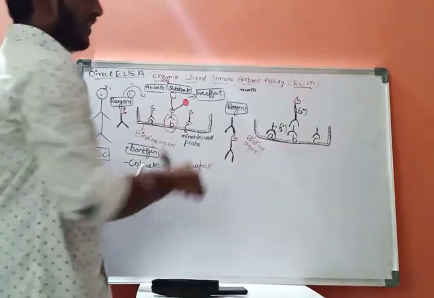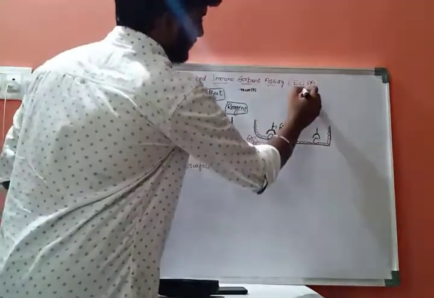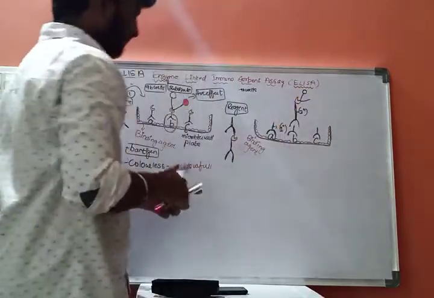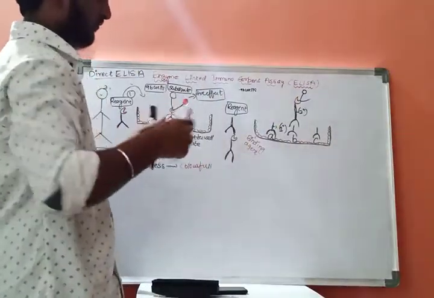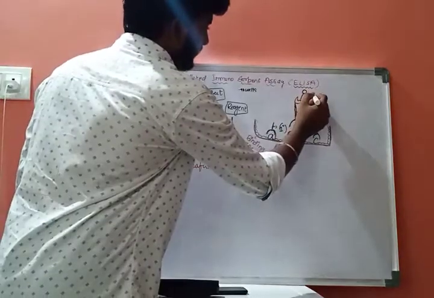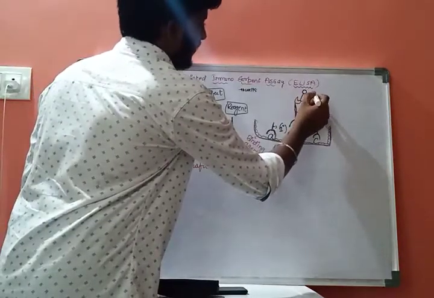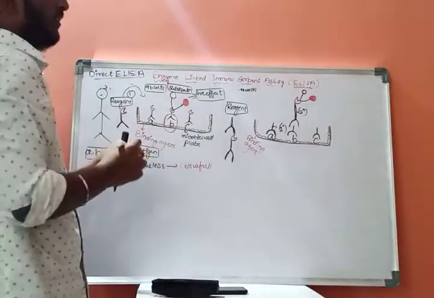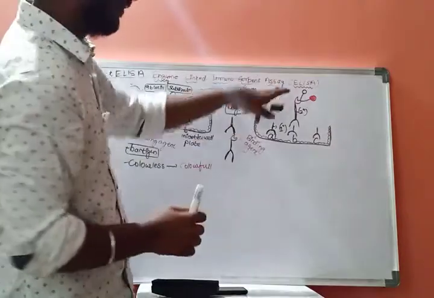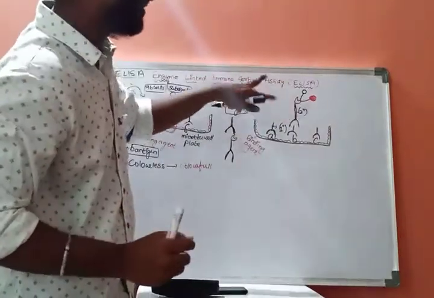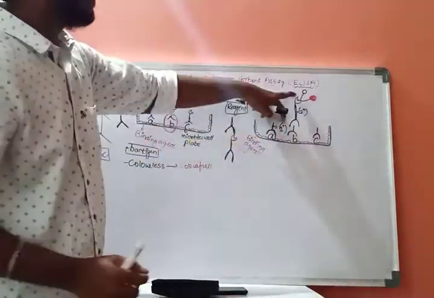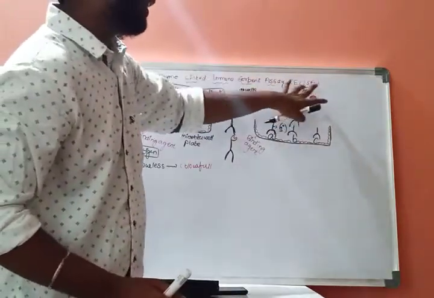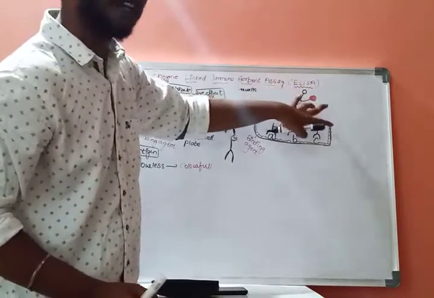After the addition, substrate is added into this solution. When substrate is added to this solution, the colorless substrate will get converted into a colorful substance.